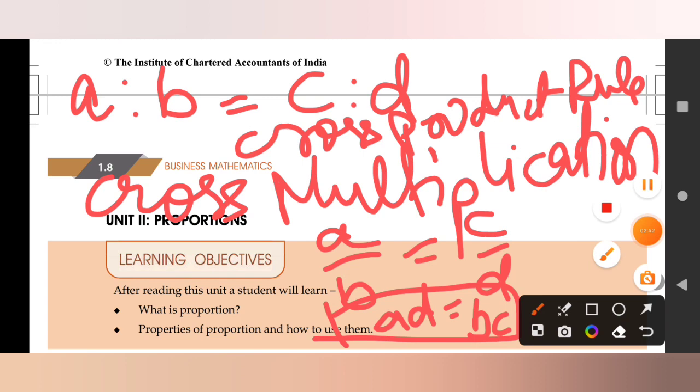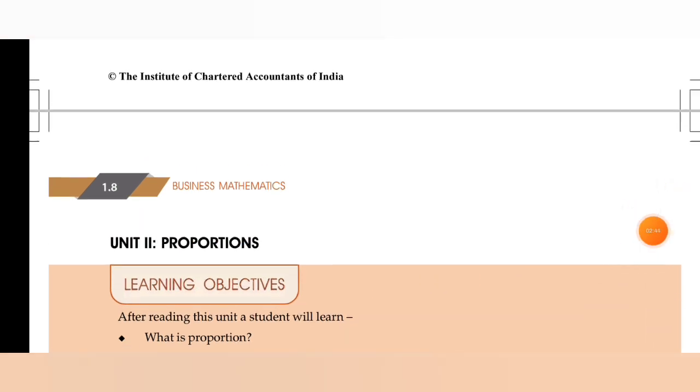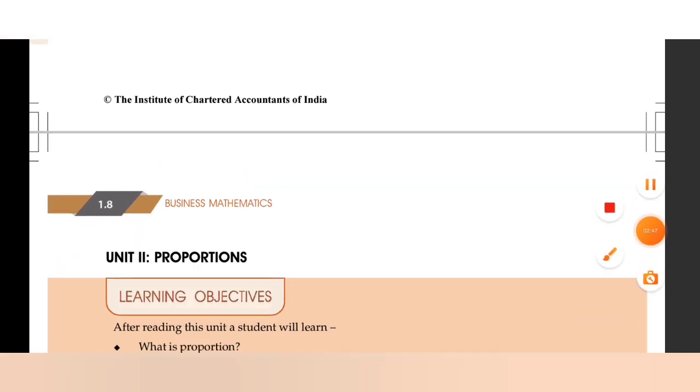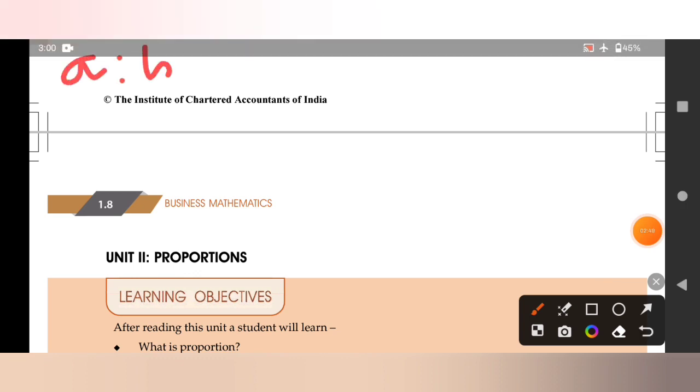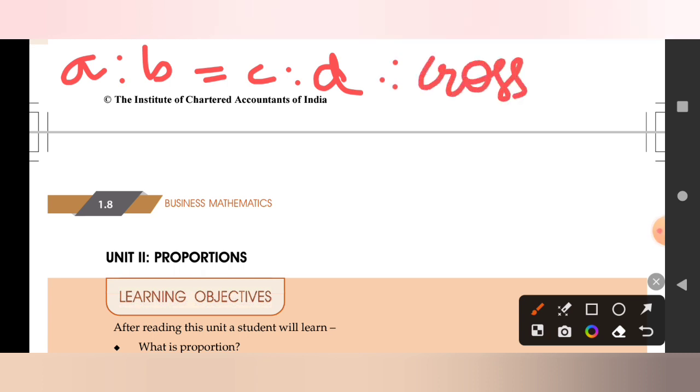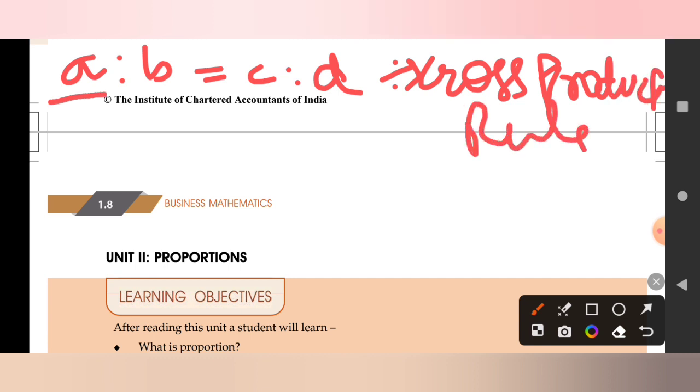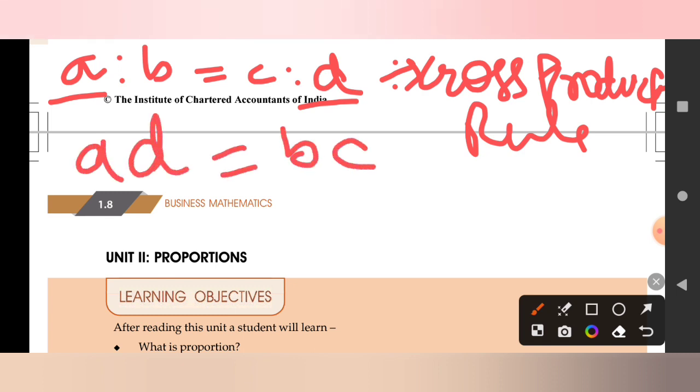Let me write it again for you. A is to B is equal to C is to D. So what does the cross product rule say? Product of extremes is equal to product of means.